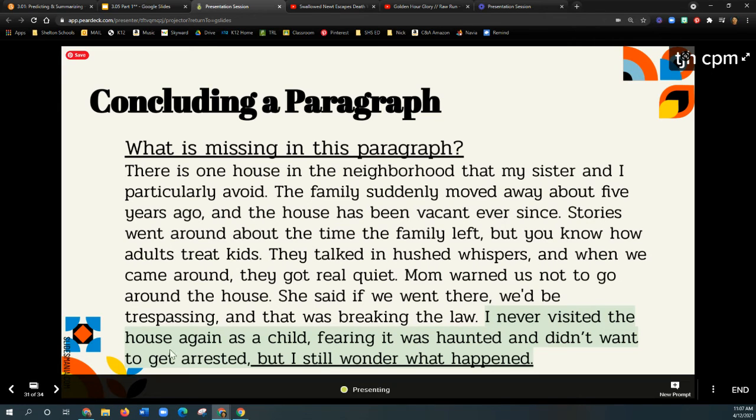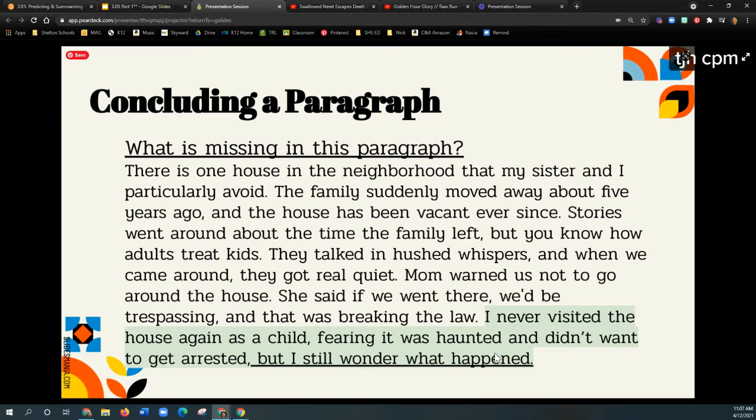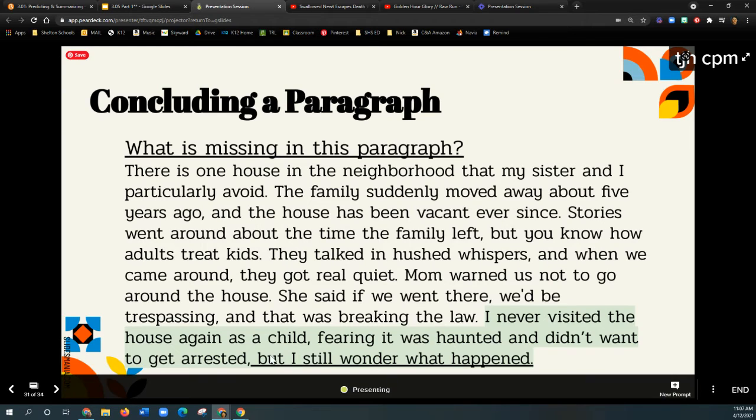I never visited the house again as a child, fearing it was haunted and didn't want to get arrested. But I still wonder what happened. So even though our character doesn't know what happened, we as readers feel like there's a stronger sense of closure. We know that this person never went there because they didn't want to get arrested. So that's cute. It tells us a little something about the character. But we don't know what happened.